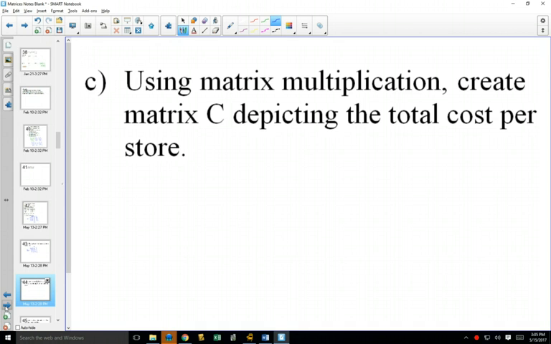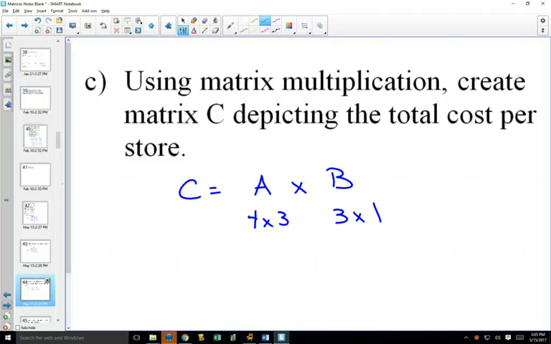So we're going to take our matrix C, and our matrix C is going to be A times B. Remember, A was a 4 by 3, and B was a 3 by 1. Underneath these, I'm going to say the 4 stood for P, Q, R, S. The 3 stood for balls, bats, gloves. This 3 stood for balls, bats, gloves. And the 1 was the cost.